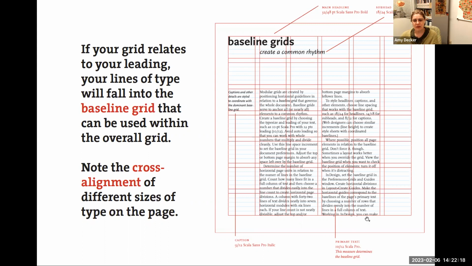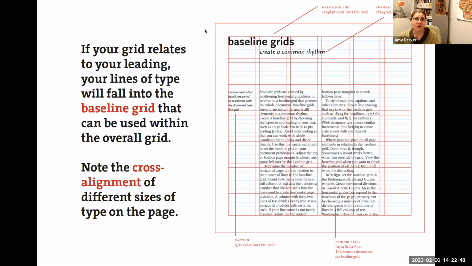This measure of the primary text is what determines the baseline grid. So our baseline grid is 12 points. But as you can see, my subhead is 24, my main headline is 48. Who can tell me how does that work with a 12-point baseline grid? And I'm looking for one of my former type students to answer this question.